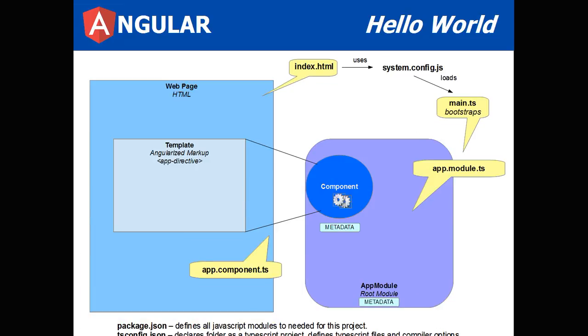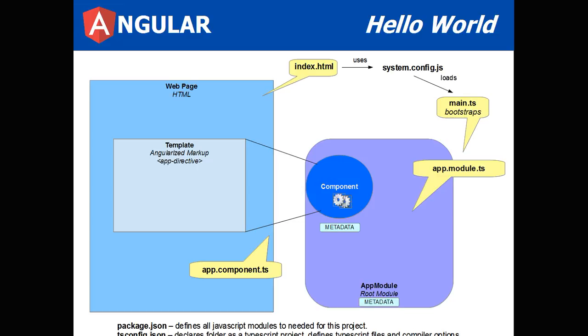And a word about a simple application and the different resources that might be involved. You do have an index.html. You do put a root app directive in the HTML page to say, hey, I got a custom app directive. I'm going to use Angular to implement this.